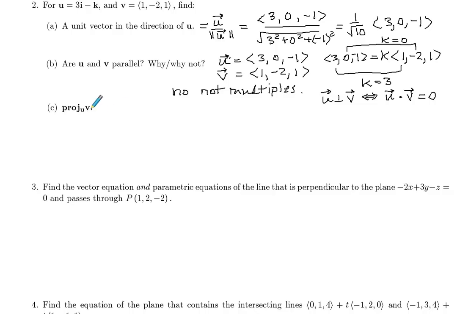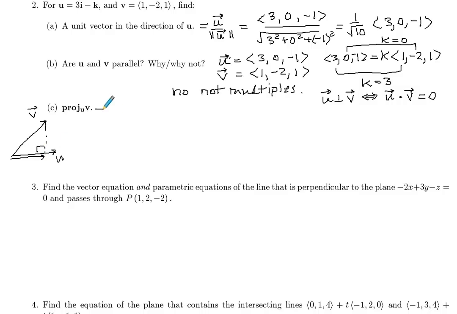Okay, next we're going to project vector v onto vector u. Remember the picture here: you've got u here, and v looks like this. You perpendicular project v onto u, and the projection is right there.